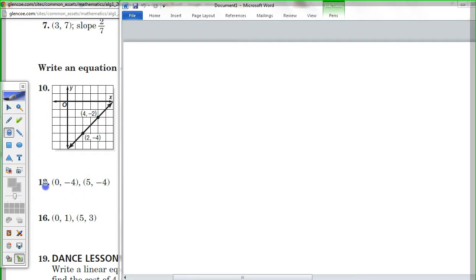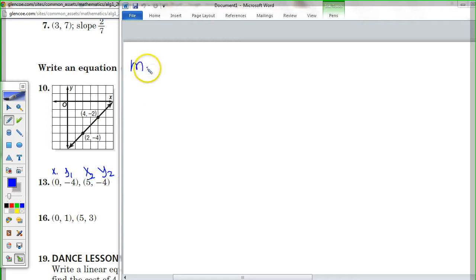That means you can figure out your slope, y2 minus y1 over x2 minus x1. So let's label this x1, y1, x2, y2.